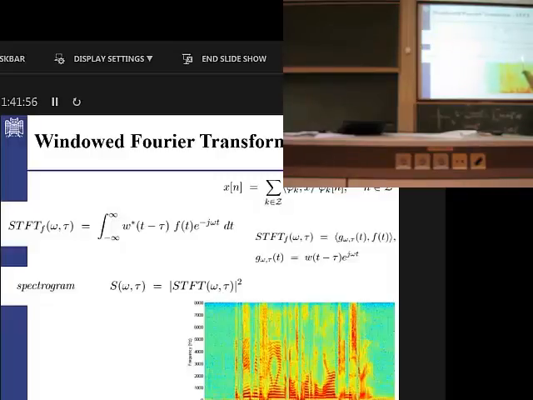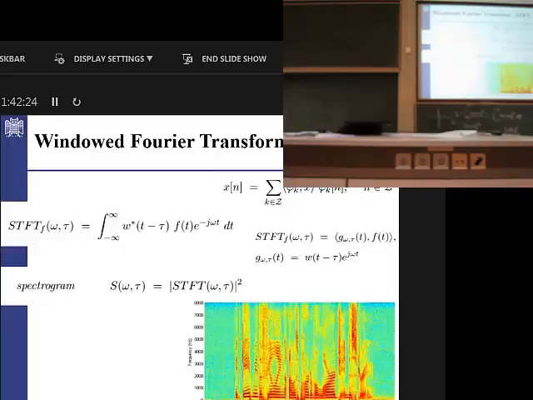It's like having the window shifted by tau, and you can move tau from 0 to whatever over the signal. So STFT is also a kind of windowed Fourier transform, but the window you choose is fixed.